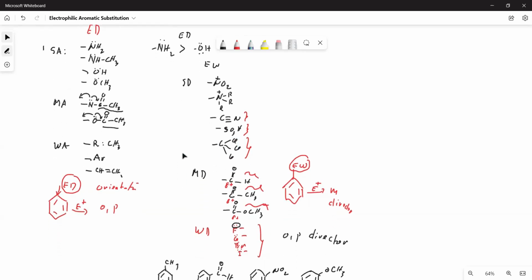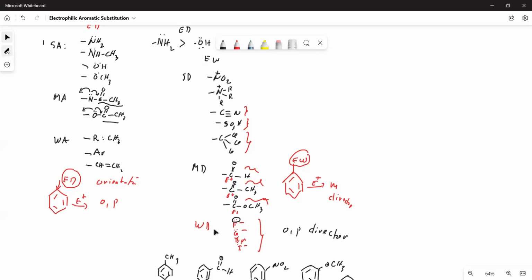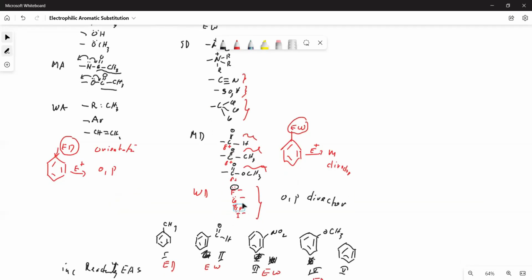Now for moderately deactivating, look at that. This includes the aldehydes, the ketones, the ester, the carboxylic acid. The carbon there is partially positive. So they are also electron withdrawing, moderately deactivating. For weakly deactivating, these are the halogens. They are electronegative, so they withdraw electrons.